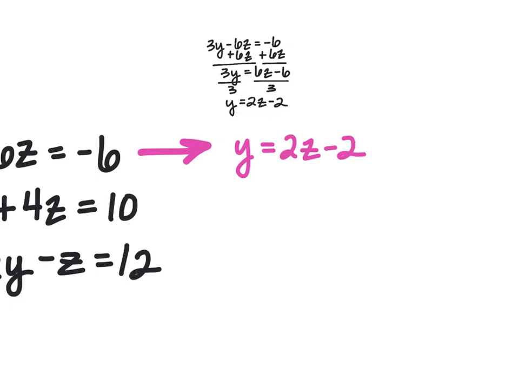The next thing we're going to do is take the expression that we found to equal y and substitute it into the other two expressions for that same variable y.